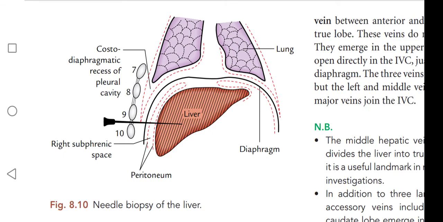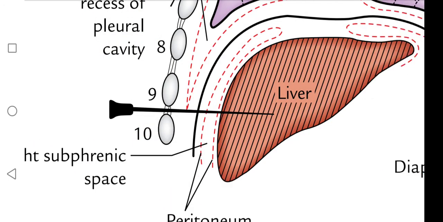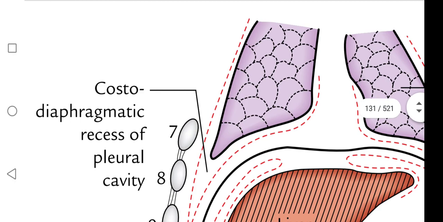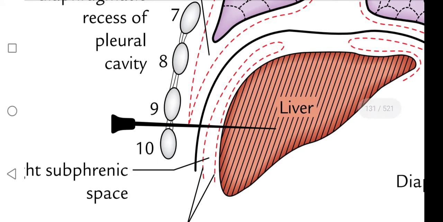In needle biopsy we enter the liver between the right 9th and 10th ribs, not ribs, the 9th and 10th intercostal space, to avoid injury to the liver and the lung and pleura.